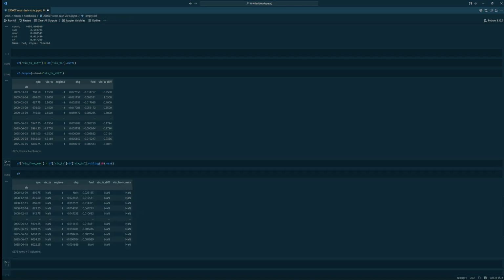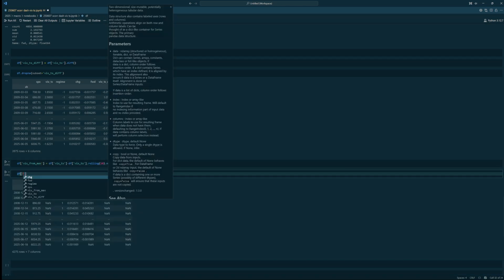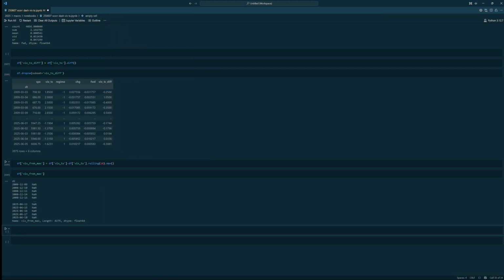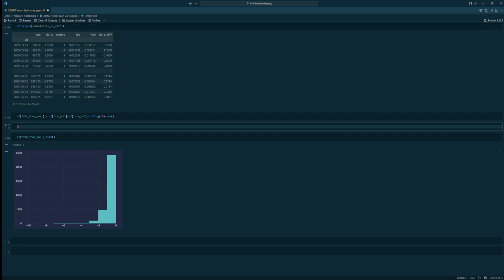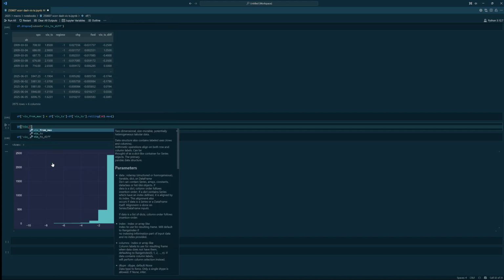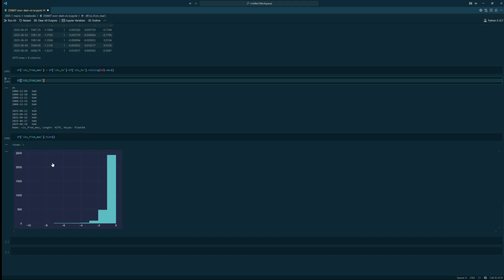VIX from max. That's pretty literal. Let's see what we get here. So the max value is 0. The craziest values are like 10 or something, right?